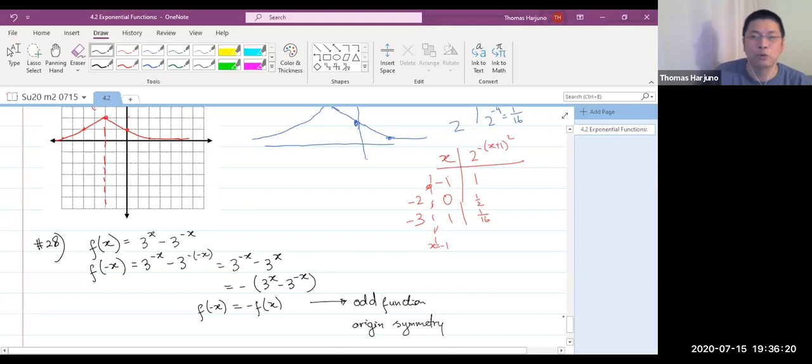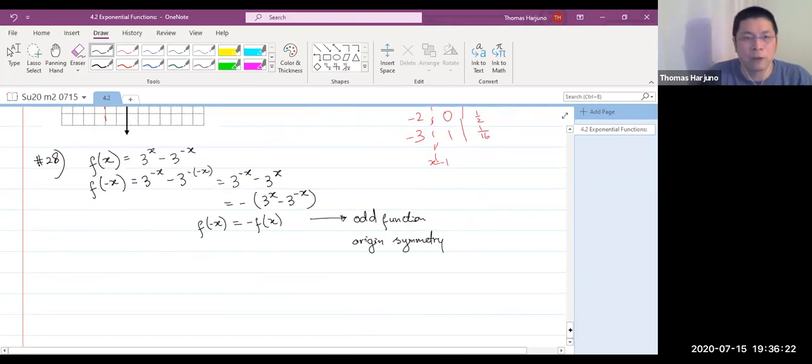So what I plan to do is sketch the graph on the positive side. I still do plotting. I sketch the graph on the positive side, and then I reflect that with respect to the origin. After that, this is 3 to the x minus 3 to the negative x. So when x is 0, y is 1 minus 1, which is 0.